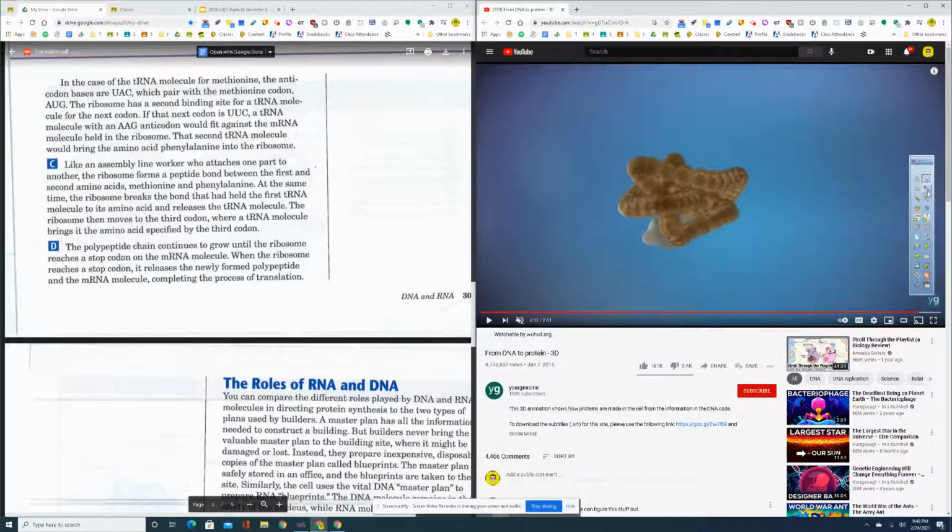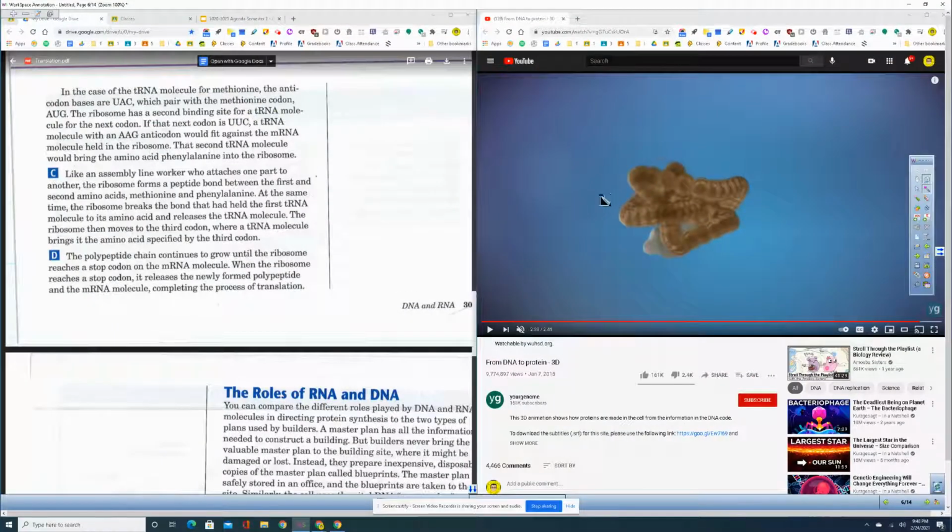And what you need to know about proteins is that the chain of amino acids, the sequence in which those amino acids were connected, determines the shape of this protein.